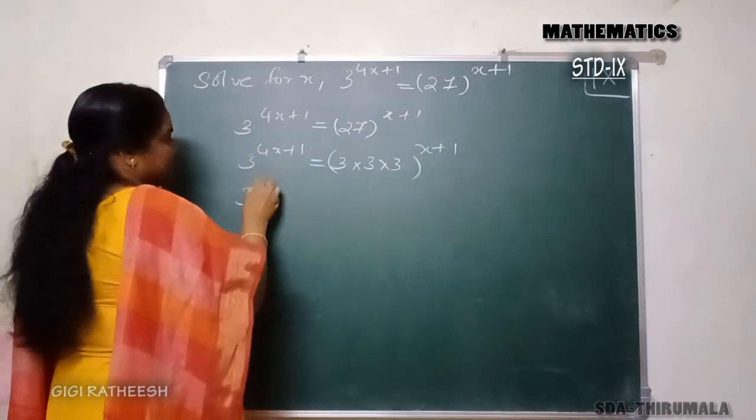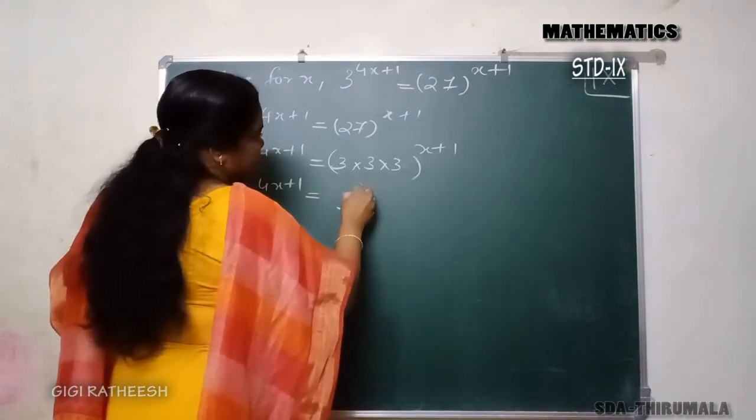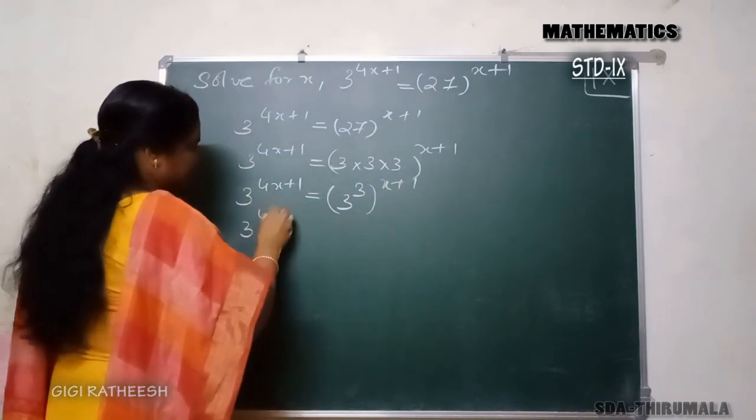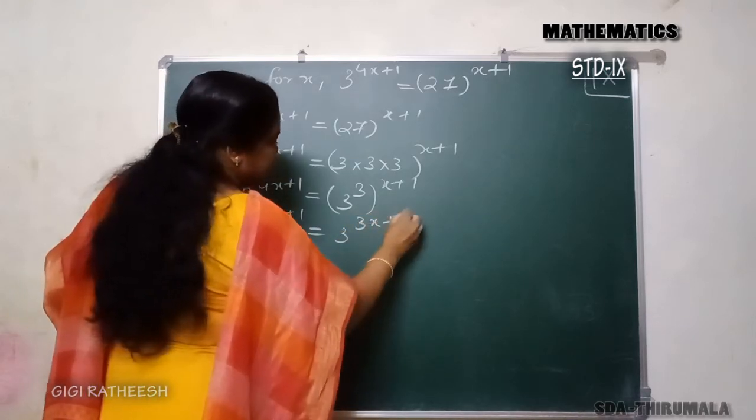That is 3 raised to 4x plus 1 is equal to 3 raised to 3 into x plus 1, that is 3 raised to 3x plus 3.